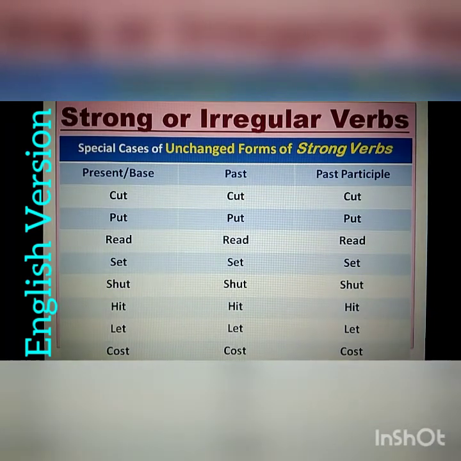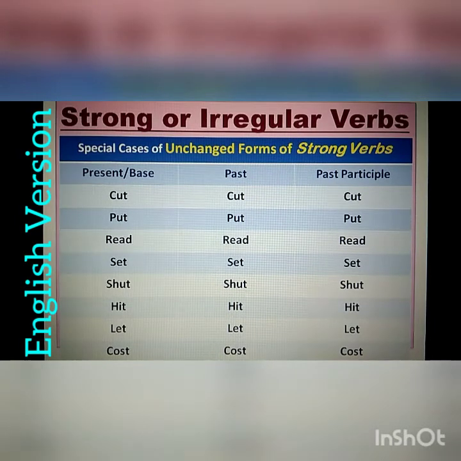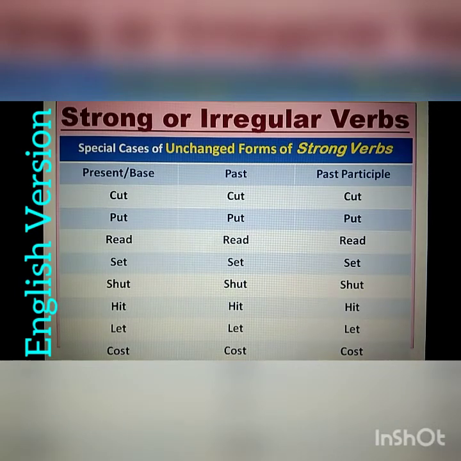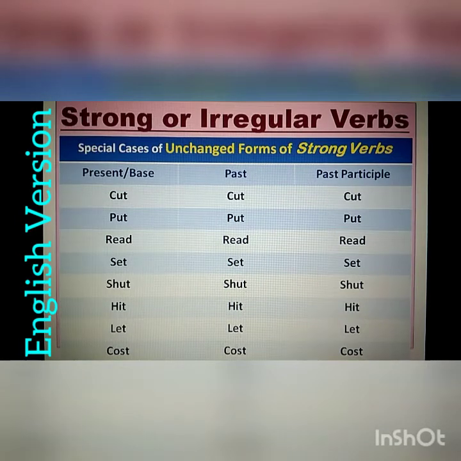This page shows us some special cases where the forms of verbs remain unchanged in all the cases. That means in the base form, past form, and past participle form, the principal verb remains unchanged.